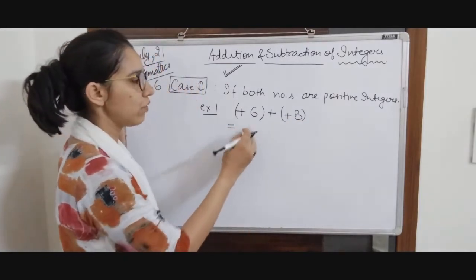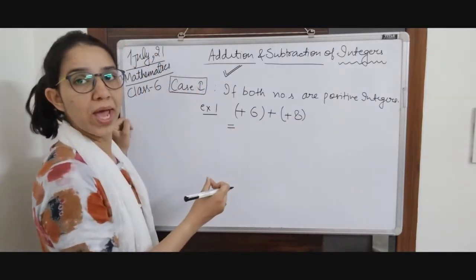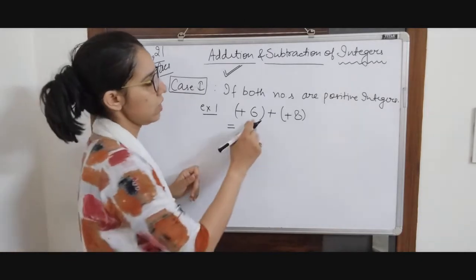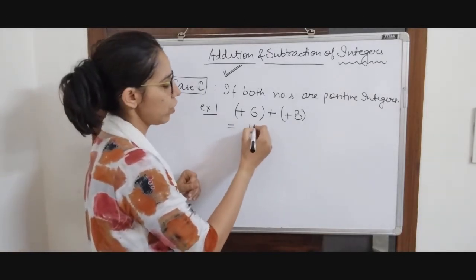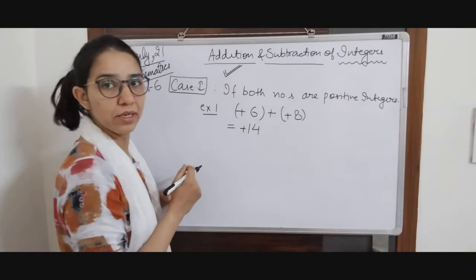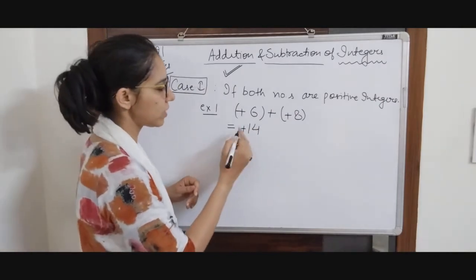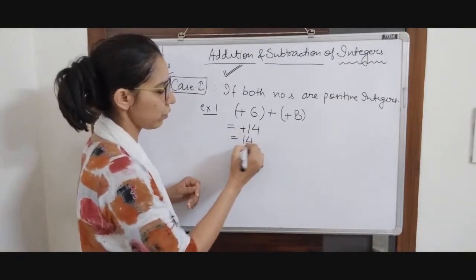What you will do, you will simply add like you used to add your natural numbers or whole numbers. 6 plus 8 is going to be 14 with plus sign, okay, and because it is plus sign, it is optional, you can write it as 14 also.